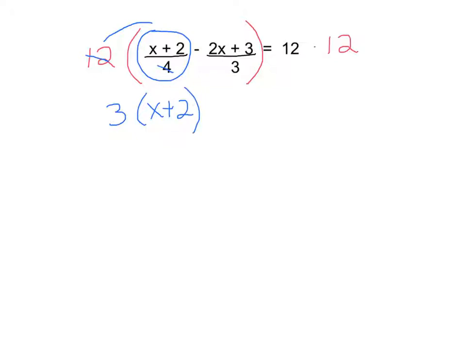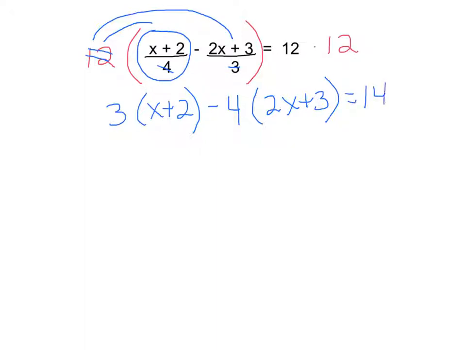I still need to multiply the 12 times the 2x plus 3 over 3. And in this case, the 12 and the 3 cancel out, leaving me with a 4. So I have 4 times 2x plus 3. Once again, keeping that inside my set of parentheses, is equal to 144.